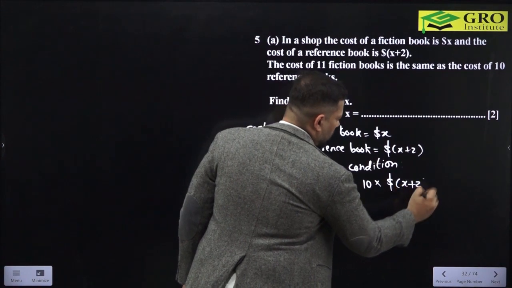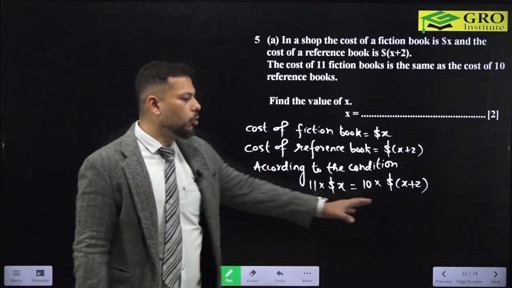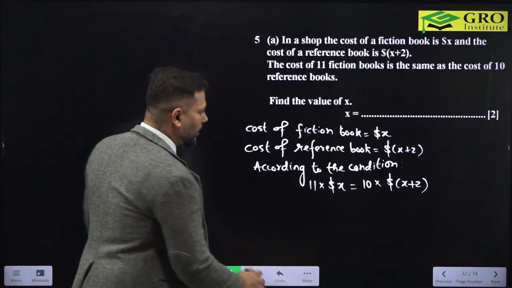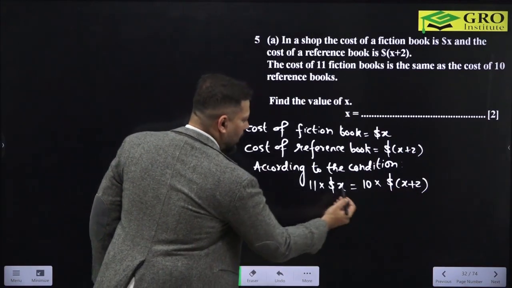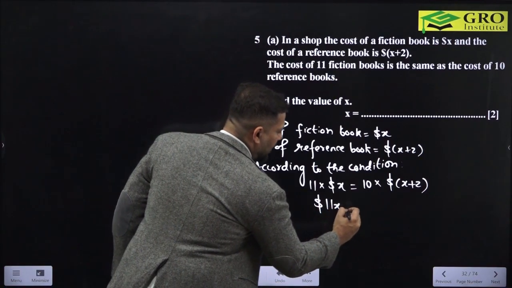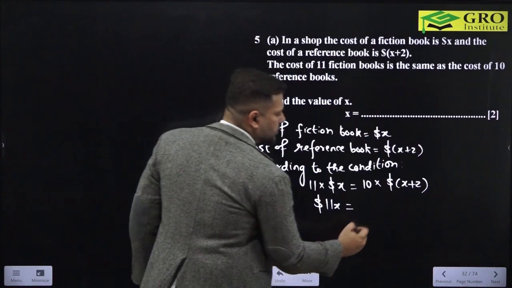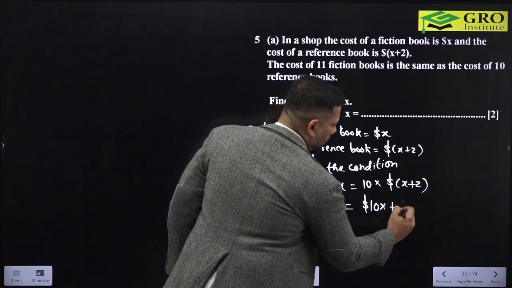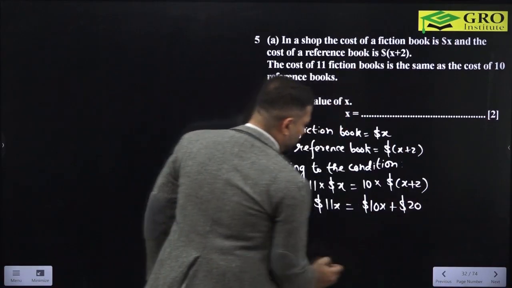Right? So if we equate it and if we open the bracket and multiply 10 with X and 2, we will get some equation. Let us write it down. Here 11 times X would be 11X, and 10 times X plus 2 would be 10X plus 20.